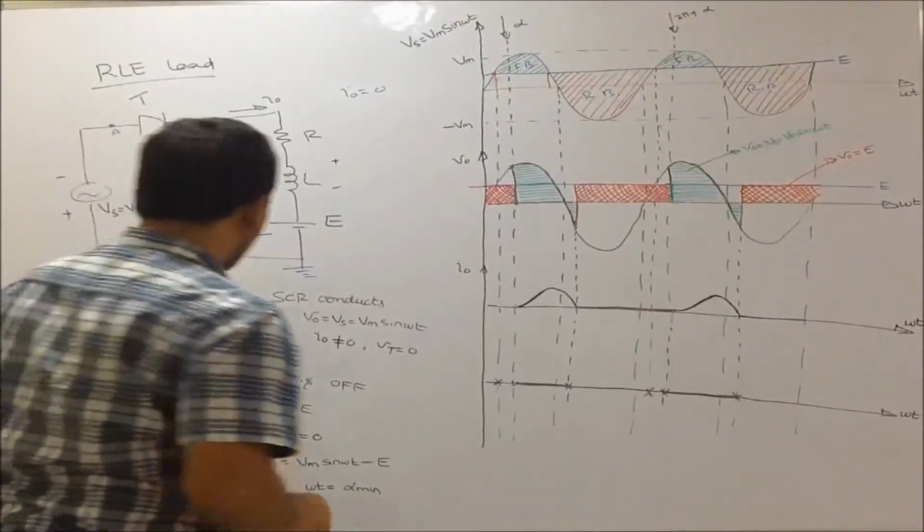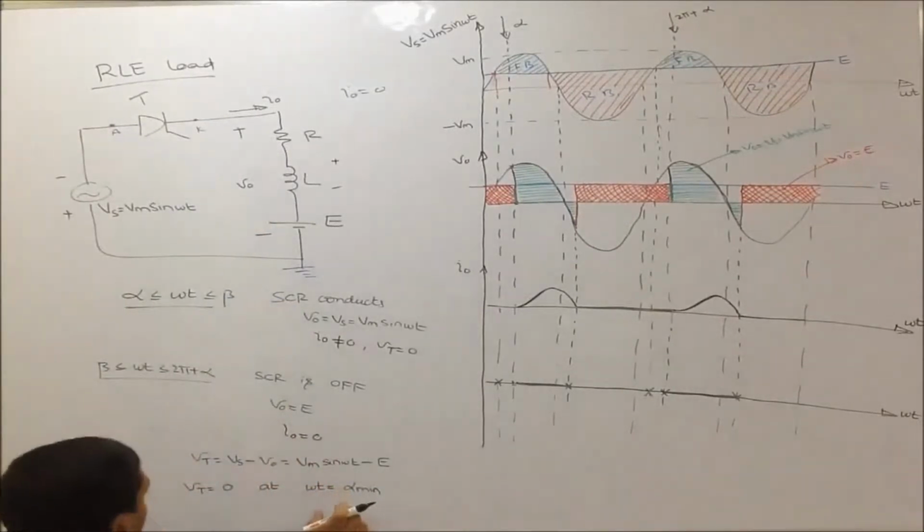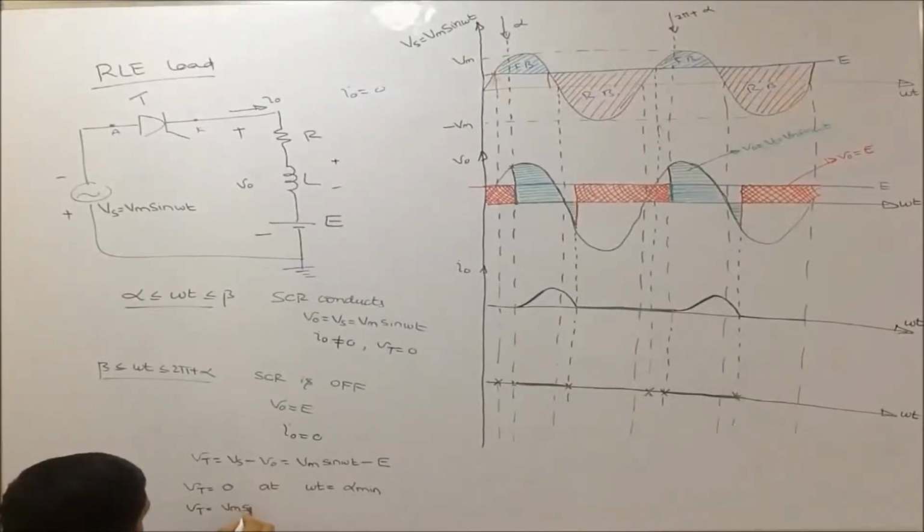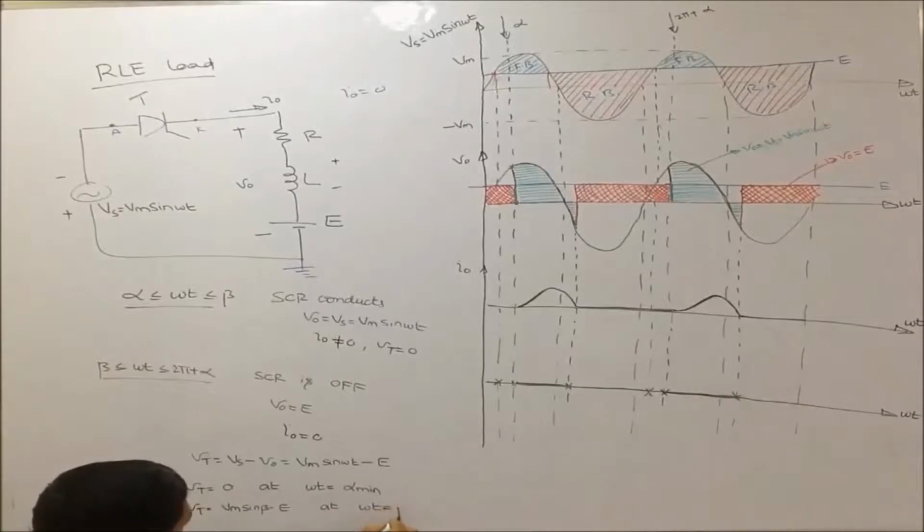Now we will find the voltage Vt at omega t equal to beta. That is Vm into sin beta minus E at omega t equal to beta.